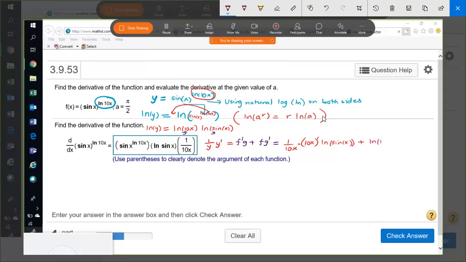plus ln of 10x as it is. The derivative of ln of sine x is 1 over sine x, times the derivative of sine x using chain rule. So that's 1 over 10x times 10 times ln of sine x, the derivative of 10x being 10, plus ln of 10x times 1 over sine x times cosine of x.